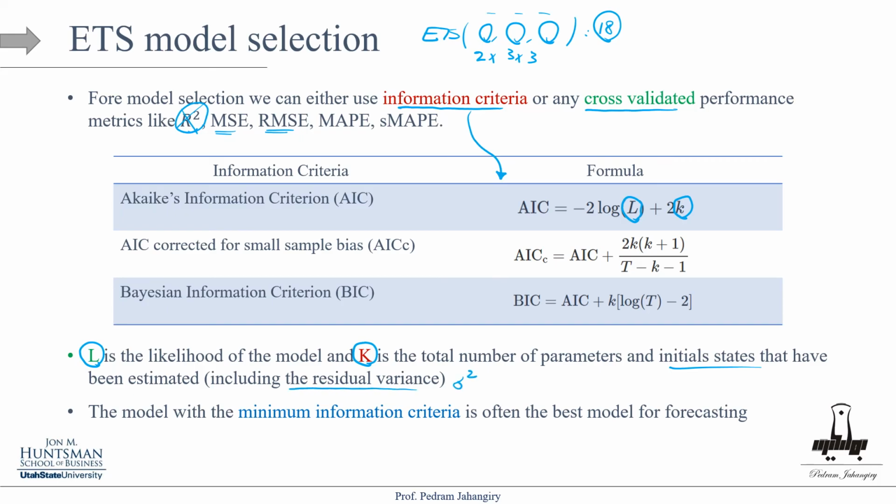For example, in ETS A and N, what was K? K was equal to 3. Why? Because we had l0, alpha, and sigma square. So we have 3 parameters. So this is our example. All right, so the model with the minimum information criteria is the best model for forecasting.